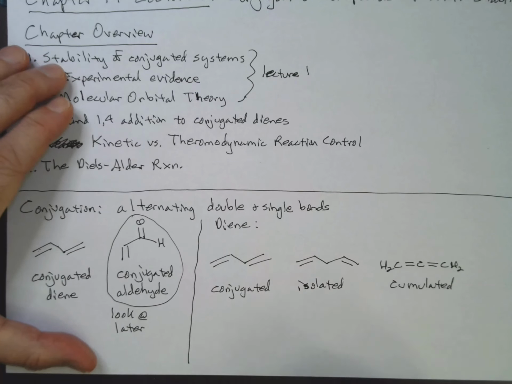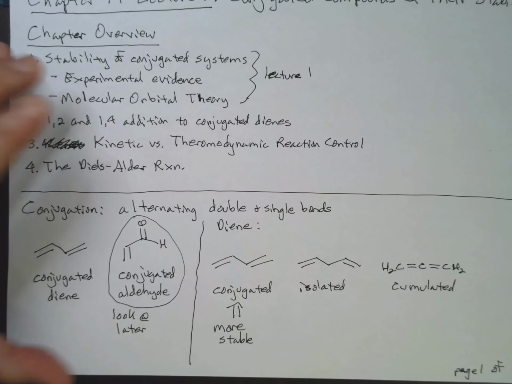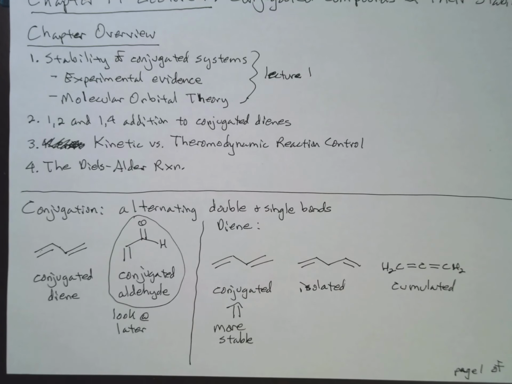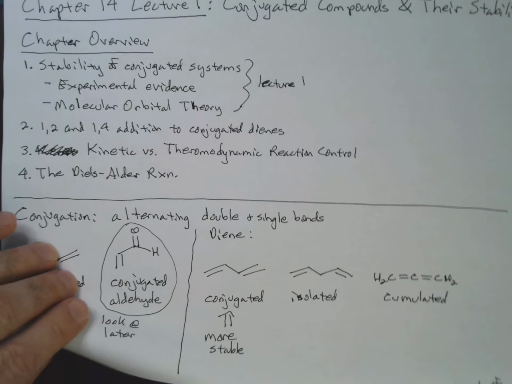Of these, it's the conjugated that shows increased stability. Okay, so let's take a look at some ways in which our conjugated species is more stable.